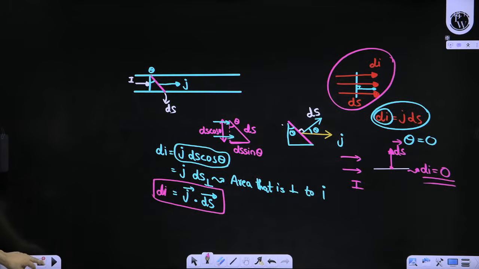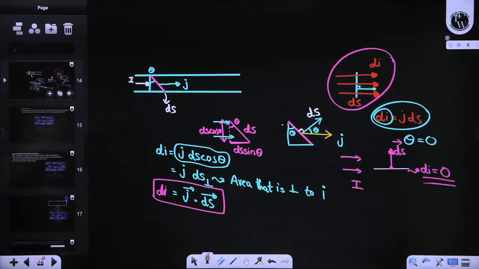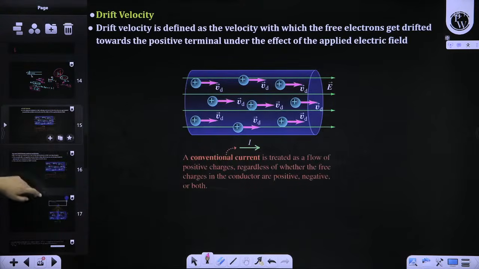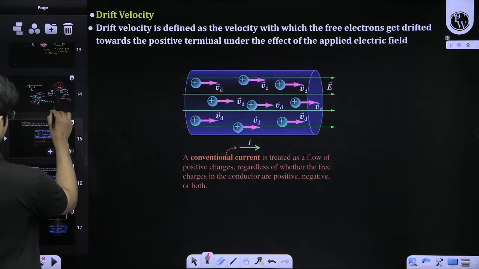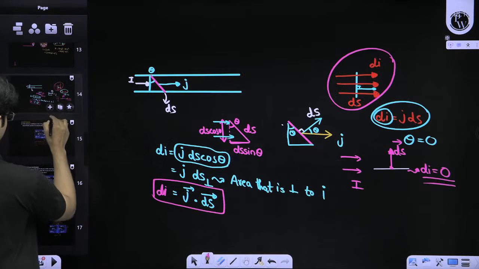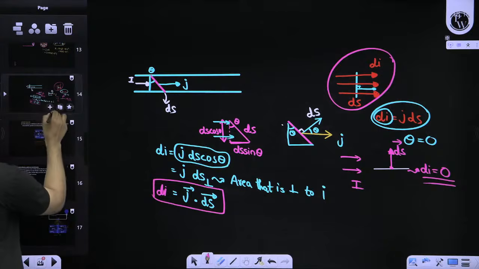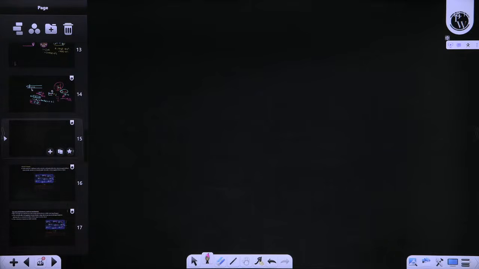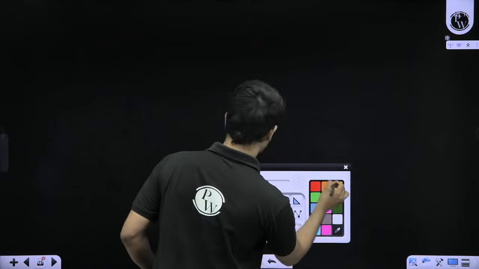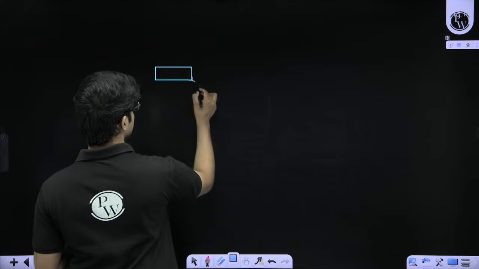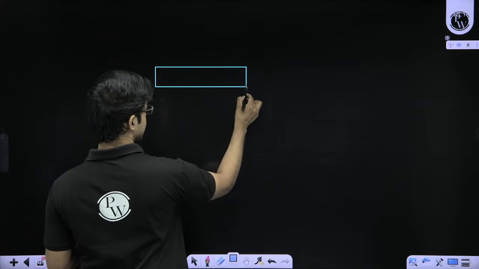Okay, so now we can start getting into the drift velocity discussion. But before that, we will talk about conductors for a bit. So I'm choosing a conducting cylinder.